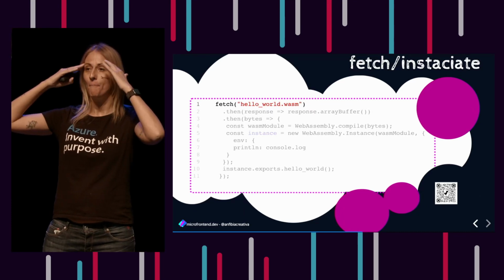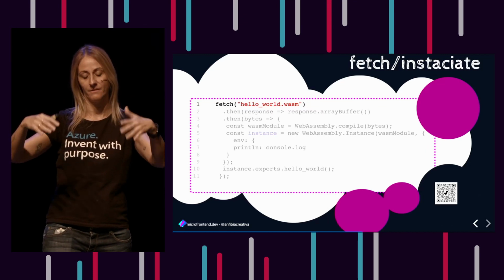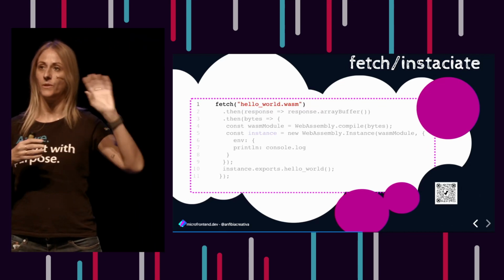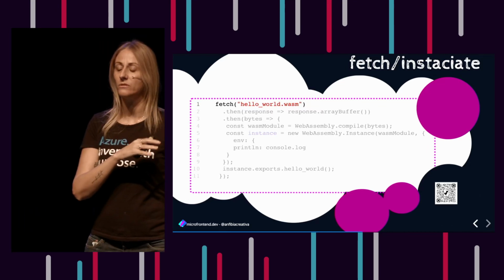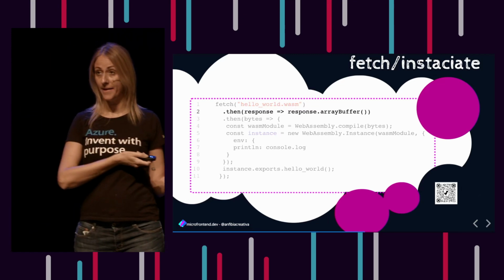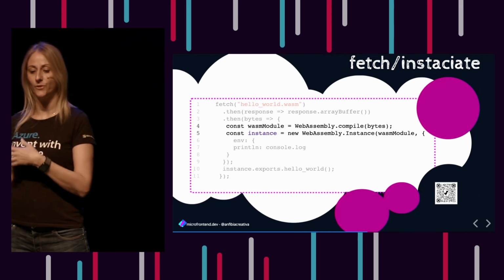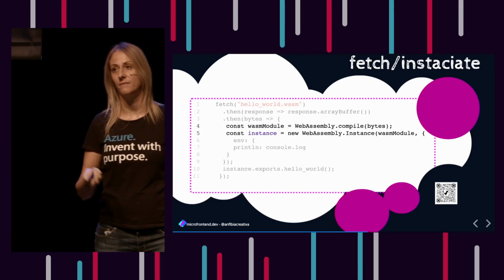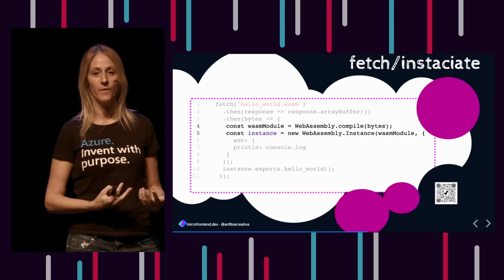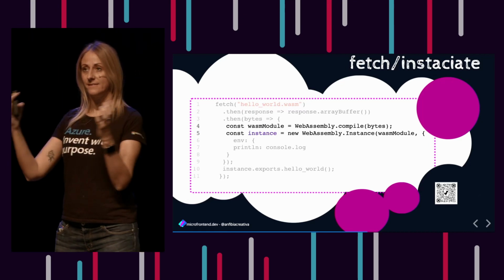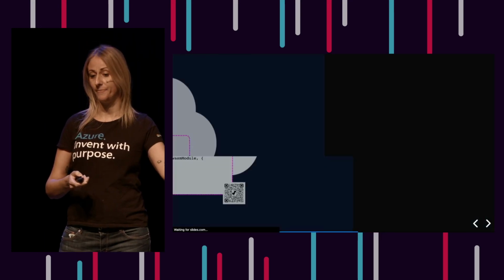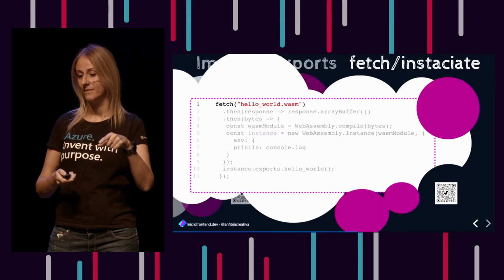You can map this example to what we saw earlier with Pagefind, right? So we do a fetch for the WebAssembly module, and then we get an array buffer, which is the bytes. And those bytes, we're going to use the WebAssembly API to compile and to instantiate a new WebAssembly module. And from that instantiation, we're going to grab that environment that we saw was imported over here, right?